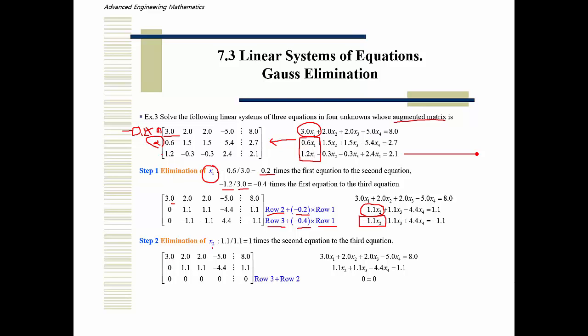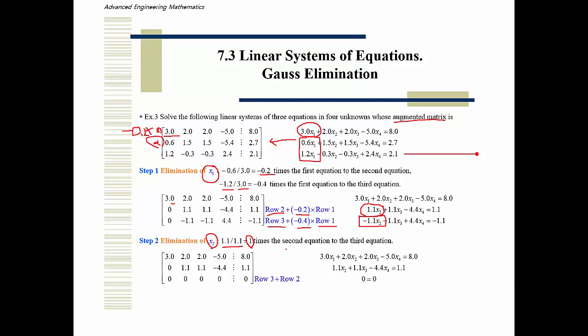To eliminate x2, the pivot can be 1.1. Minus 1.1 divided by 1.1 and multiplied by minus 1 is equal to 1.